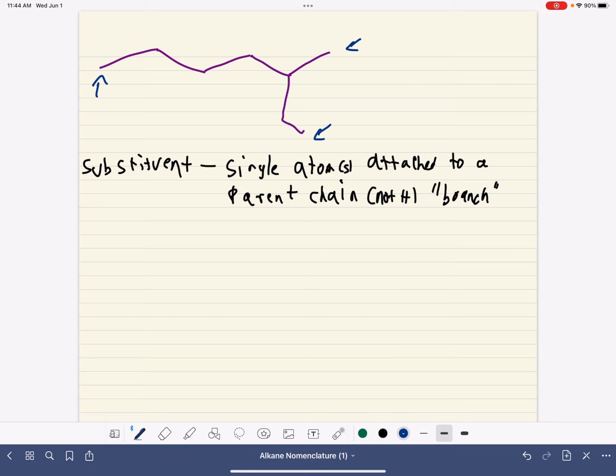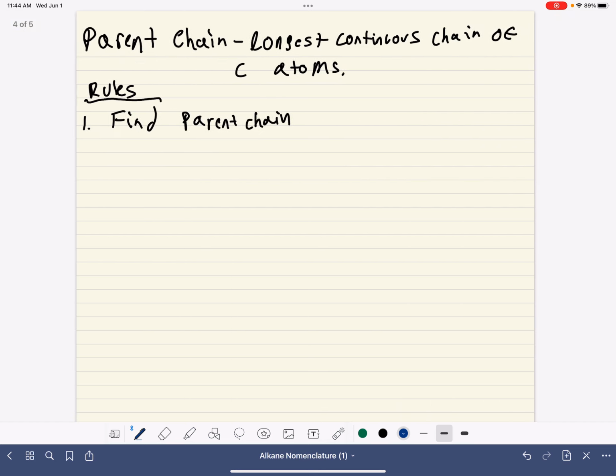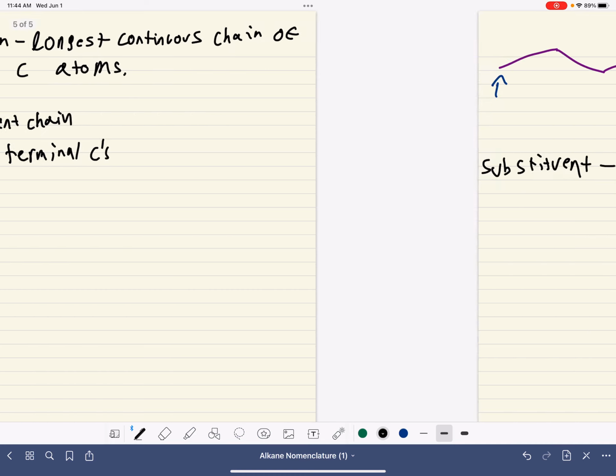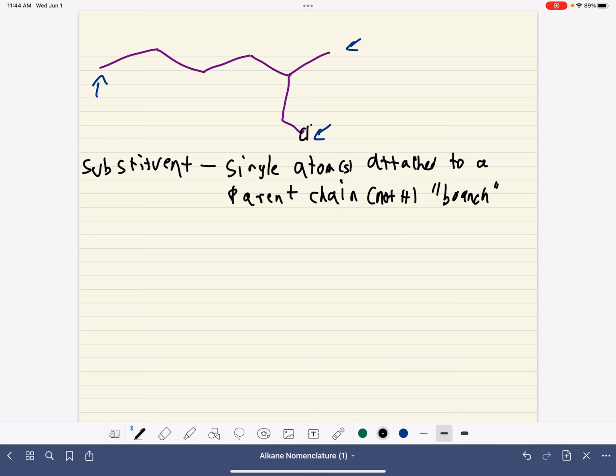And the first thing I want you to do when you're trying to name a parent chain that has multiple substituents or a single branch on it is, we'll add to our list of rules here, consider terminal carbons. That's what I was drawing before. So what do I mean by terminal carbons? Well, this is a terminal carbon here, this is a terminal carbon here, and this is a terminal carbon as well.